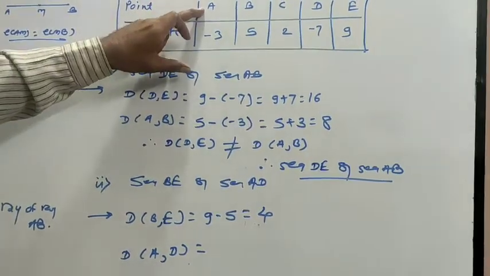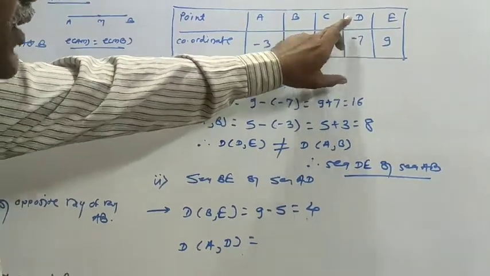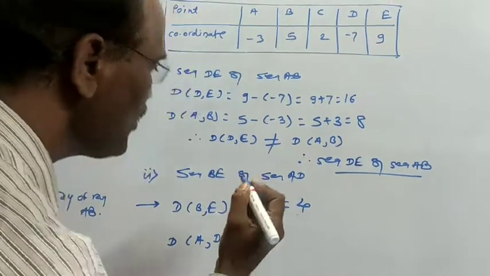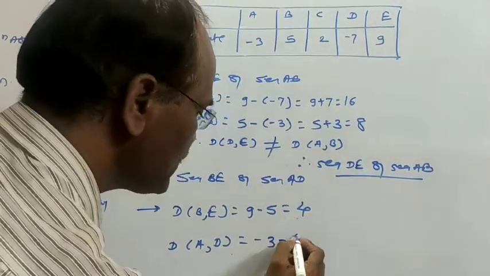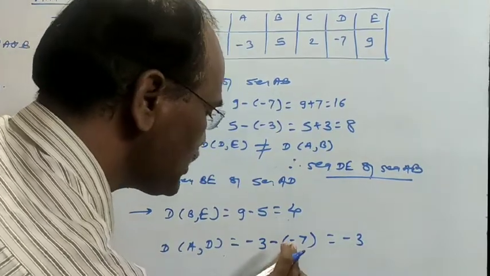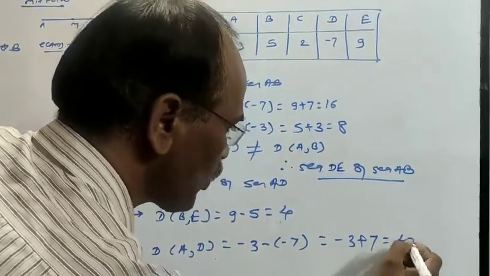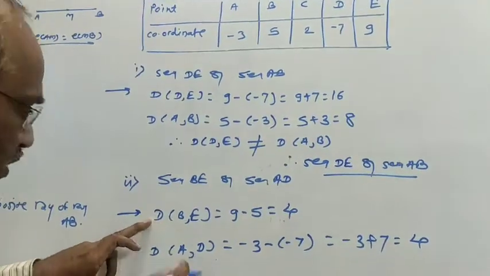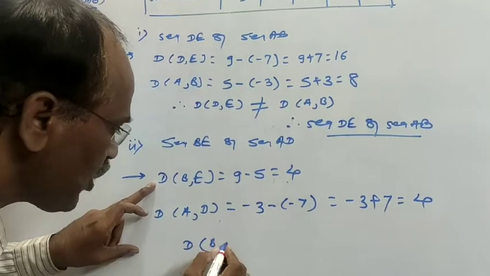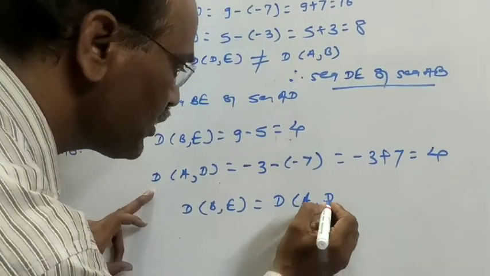Coordinate of point A is -3, coordinate of point D is -7. -3 is bigger. Therefore, -3 minus -7 equals -3 plus 7, which is 4. Their distances are equal. Distance BE equals distance AD.